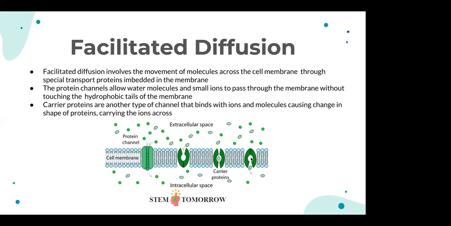It doesn't take any energy, but it just goes through a carrier protein into the other side. The carrier proteins are a type of channel that binds with ions and molecules, causing a change in the shape of the protein, thus carrying the ions across. So what carrier proteins do is take in the ion and hold it and then let it out the other side because of how the ion alters the shape of the protein.